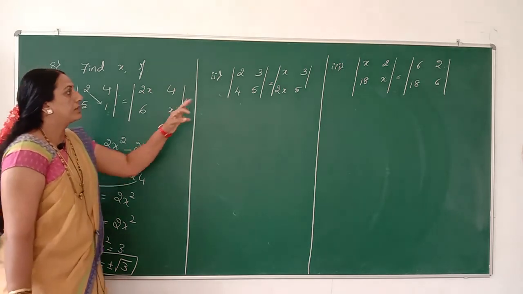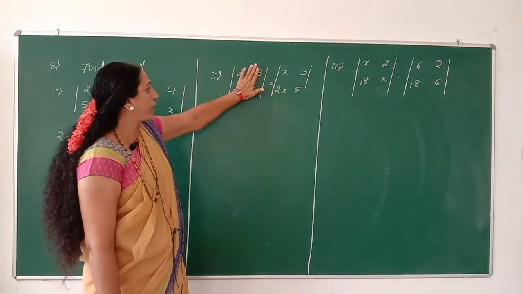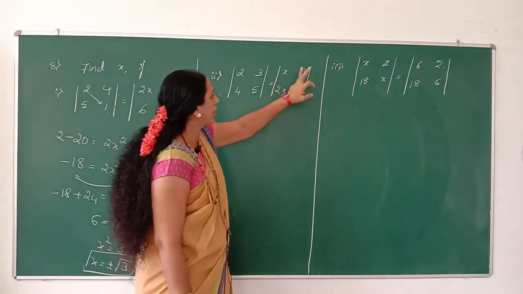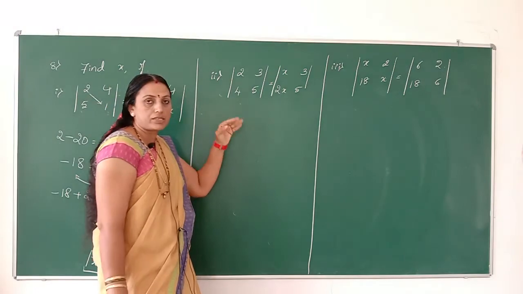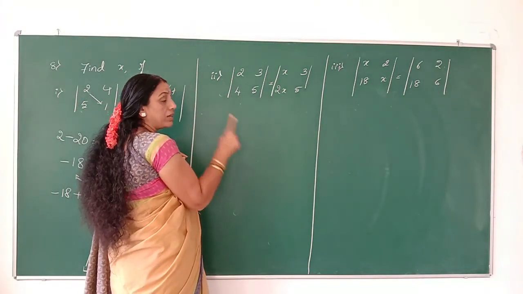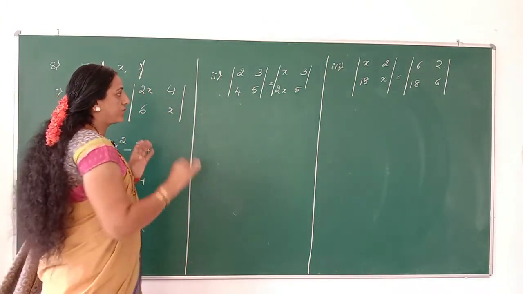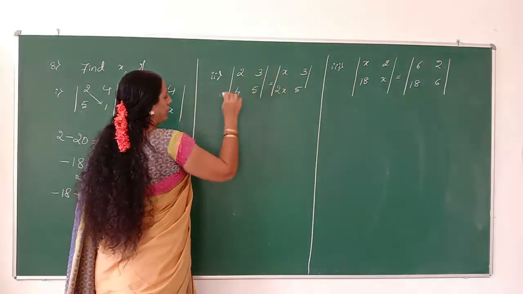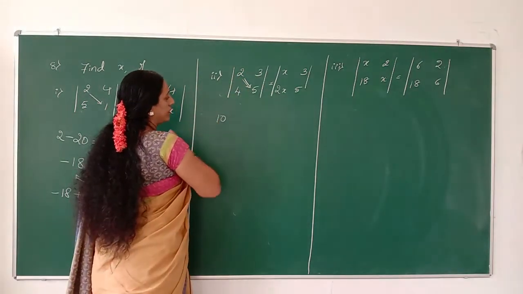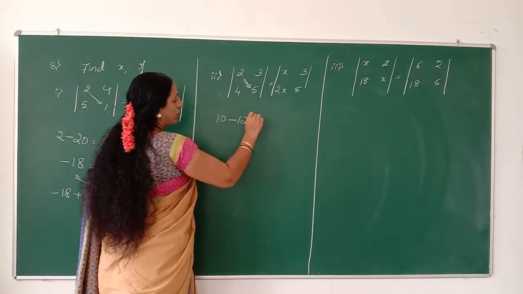Similarly, the next condition is if 2, 3, 4, 5 are the values of the first determinant, equal to x, 3, 2x, 5 as the elements of the second determinant. Again we equate the values of the determinants on both LHS and RHS, not the corresponding elements. First, product of the left diagonal: 2 into 5 is 10, minus the right diagonal 4 into 3 is 12.